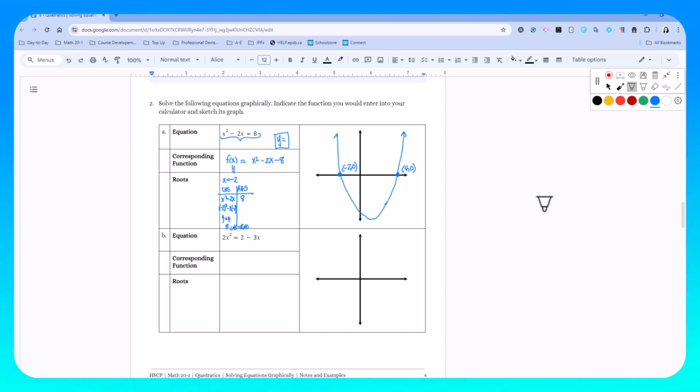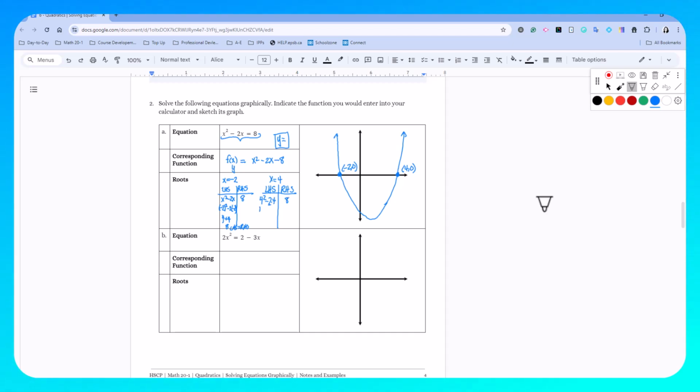Let's do the other root. The other root is x equal to 4. And let's go ahead and plug those in. When x equals 4, we get 4 squared minus 2 times 4, and we got 8 on this side.